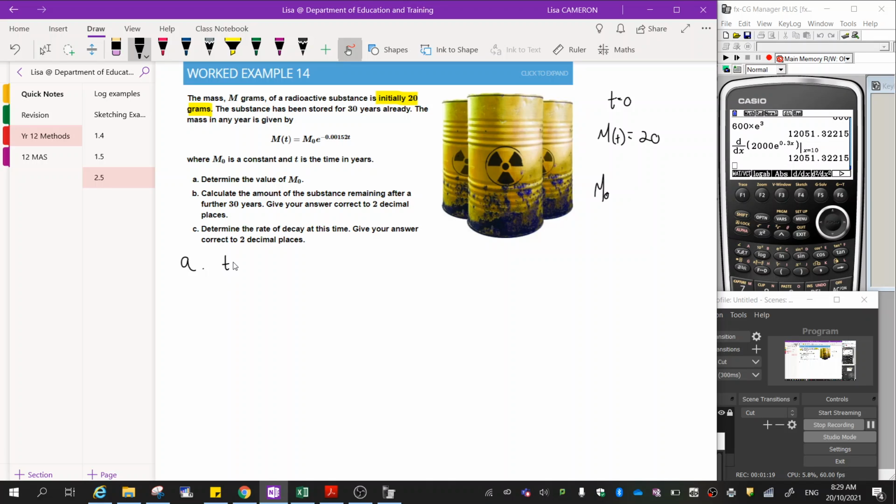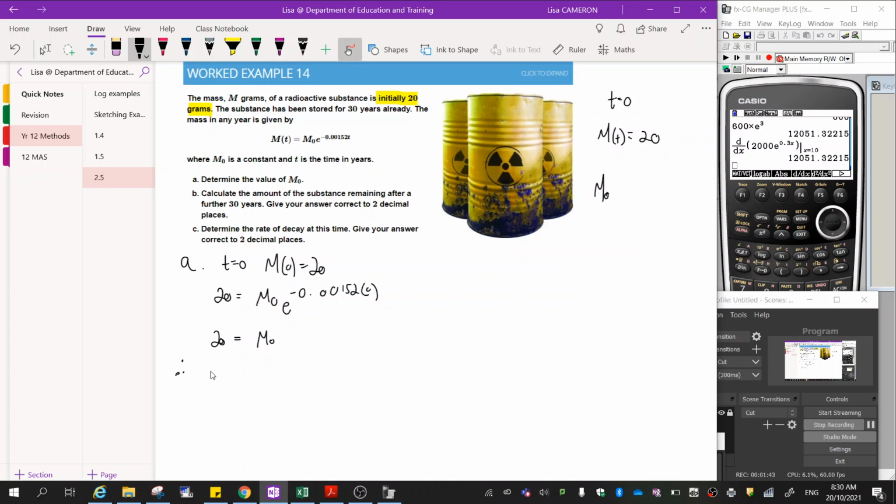So we're going to substitute in when T is equal to 0, M of 0 is equal to 20. So 20 is equal to M0 e to the power of negative 0.00152 times 0. Anything times 0 makes 0, so e to the power of 0 is going to be 1, meaning that M0 is equal to 20.